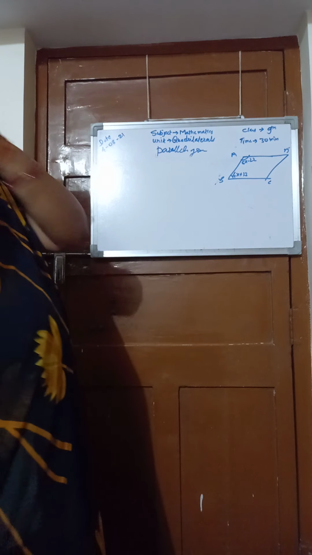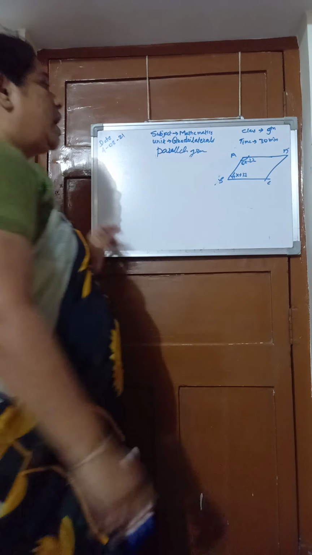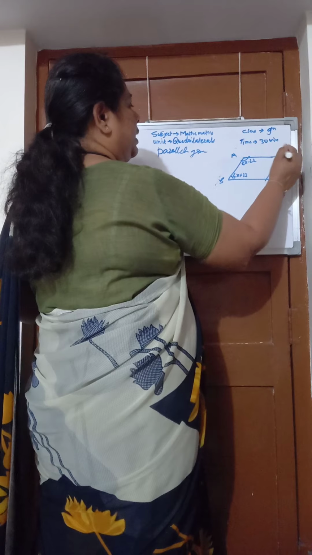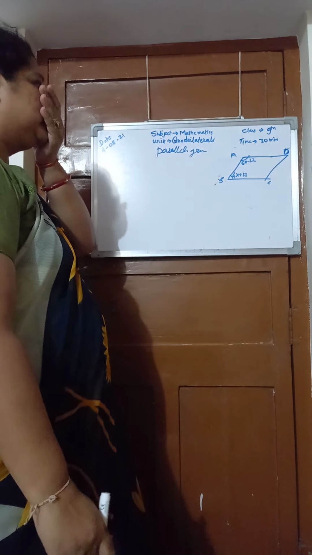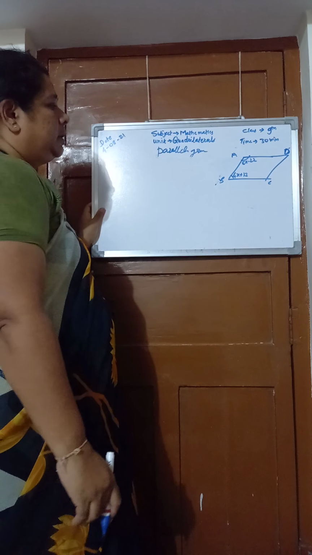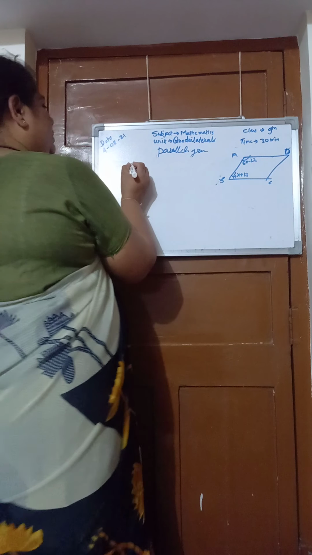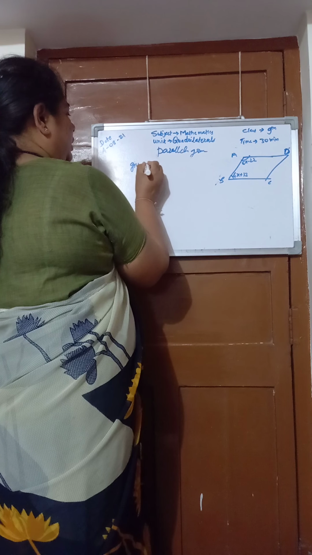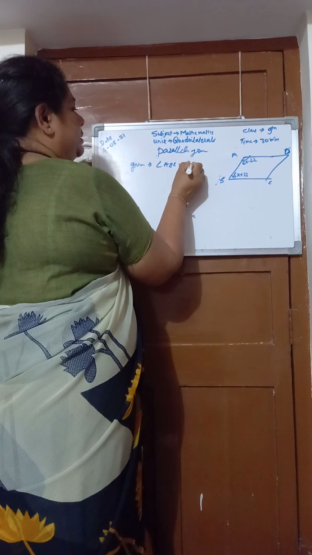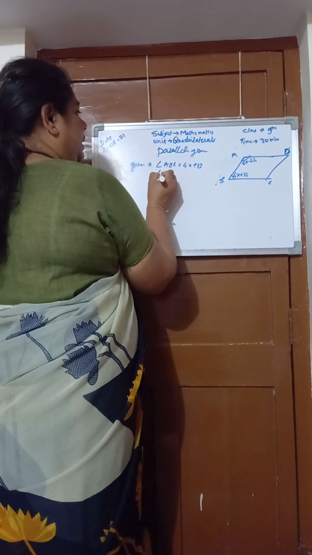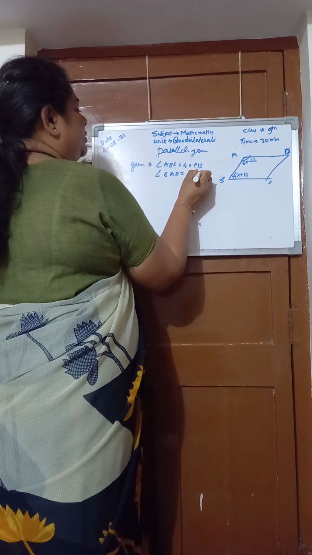Angle ABC equal to 4x plus 13, and angle BAD equal to 5x minus 22. First, we have to calculate angles. What is given here? Angle ABC equal to 4x plus 13 and angle BAD equal to 5x minus 22.